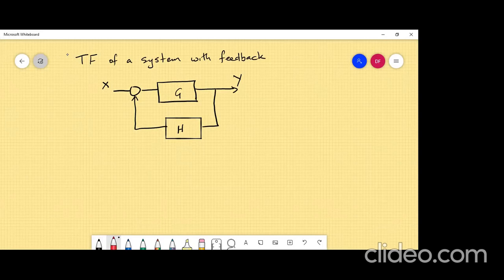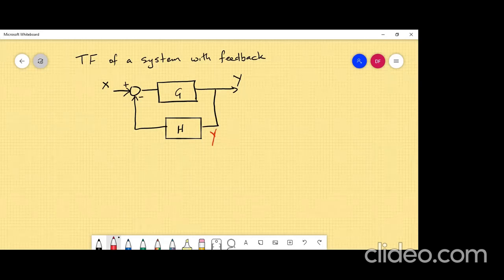So when we have feedback, the output is Y, so it's going to be fed back.